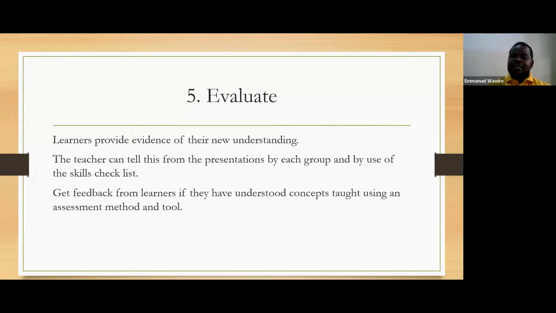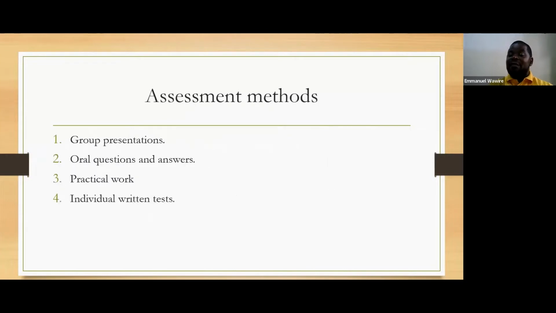Now, having said that, maybe assessment methods. Because in our previous webinar, we talked about assessment methods and assessment tools. So in this particular hands-on activity, this particular learning outcome, where we're using the experimentation method, what are the suitable assessment methods?